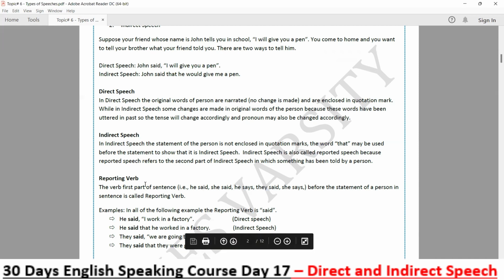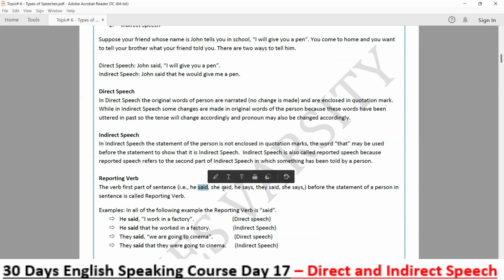Now let's talk about a reporting verb. The verb in the first part of the sentence, like he said, she said, he says, whatever. The verb in the first part of the sentence, before the statement of a person, is called the reporting verb.